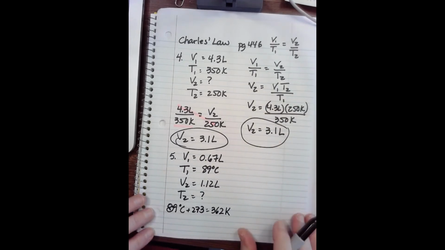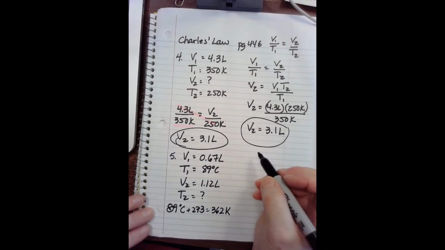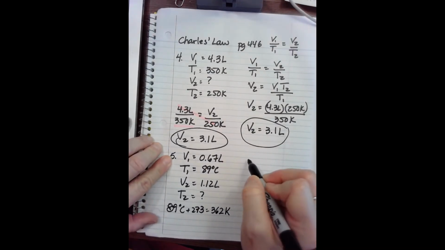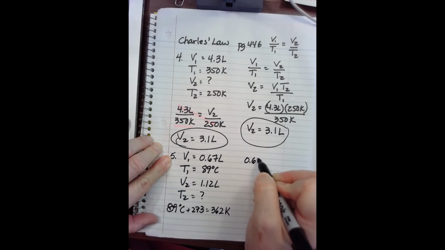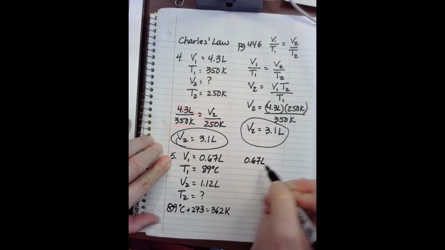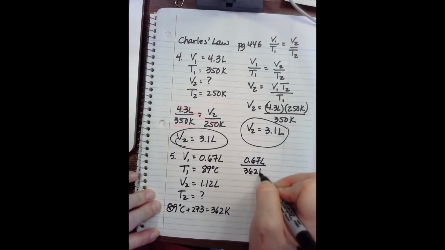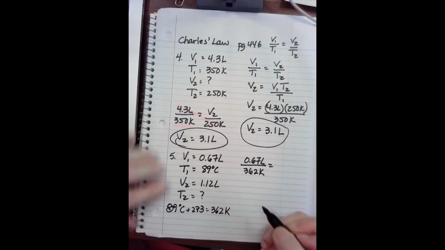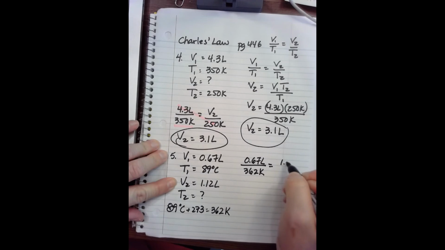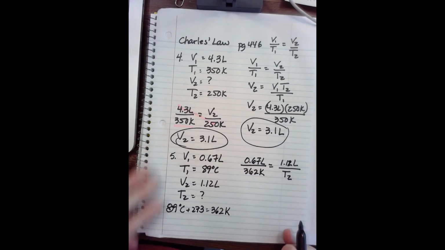So now I can set up and solve. So I'm going to do this in this manner. So here goes: 0.67 liters divided by 362 Kelvin equals, the new volume is 112 liters. What is the T2?